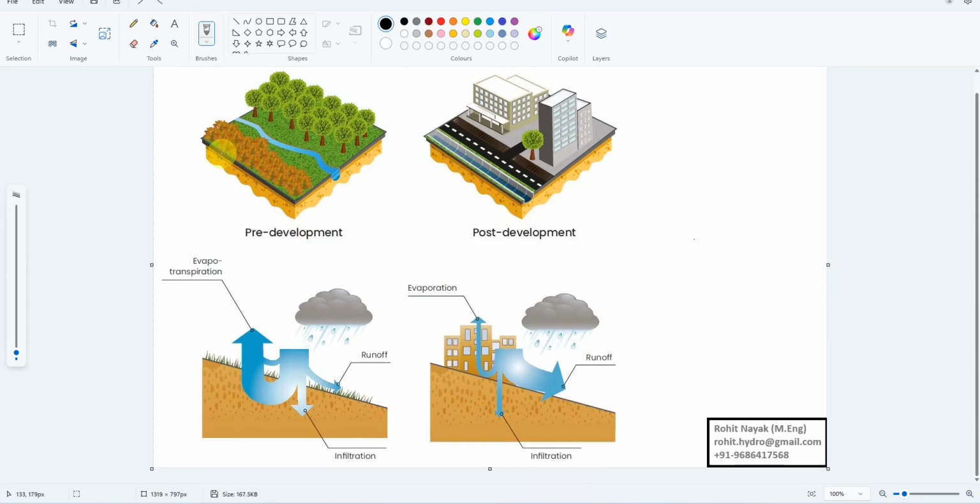Okay, so let's understand more on how the runoff behaves in the case of pre-development of a site in a natural softscape, and how it behaves when we develop a site into hardscape.